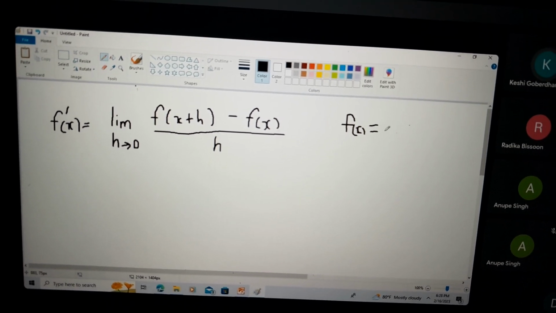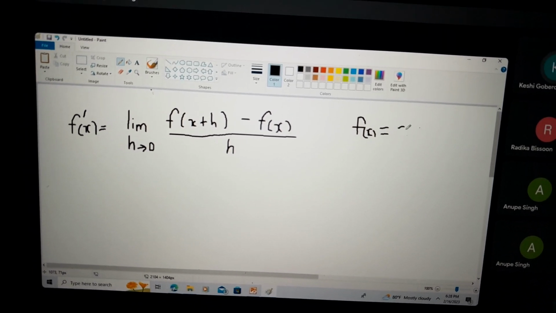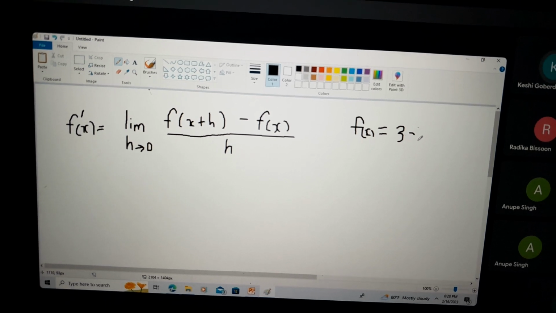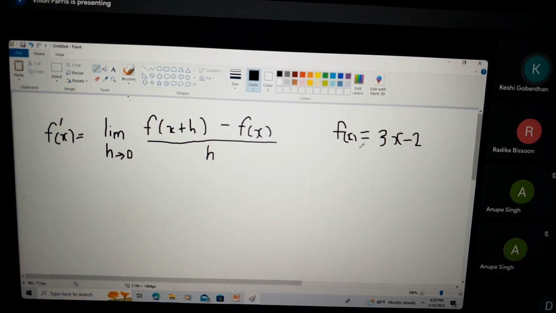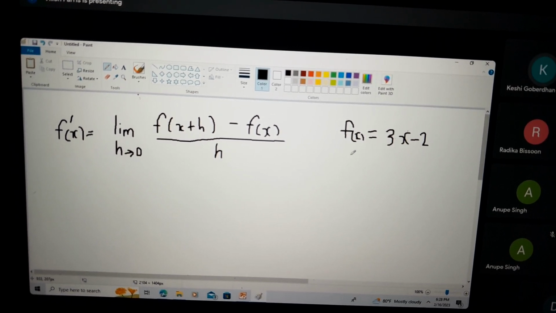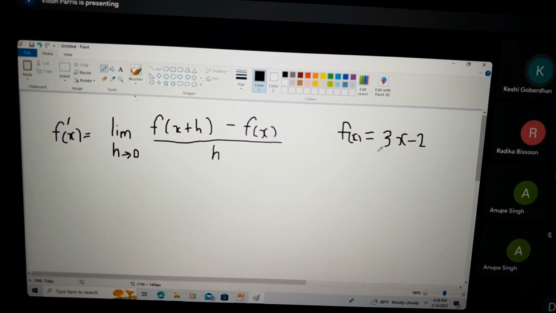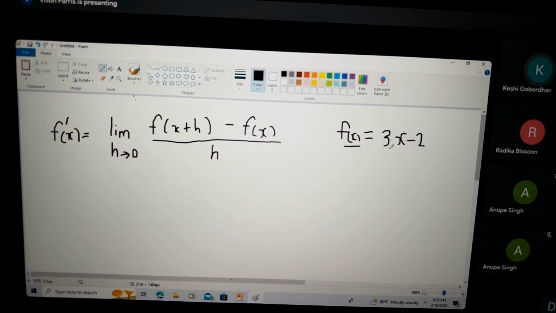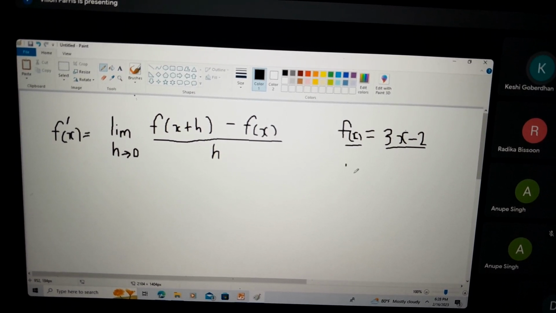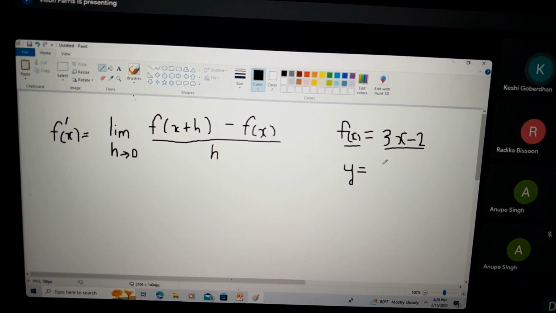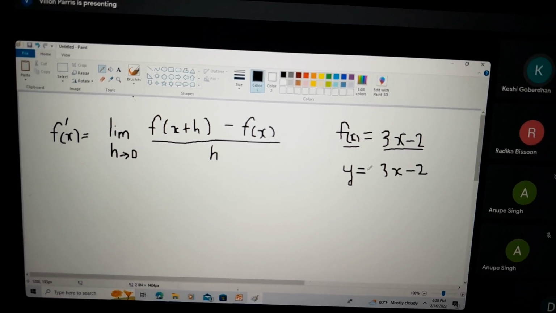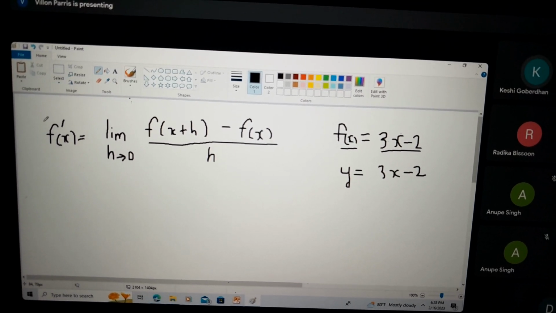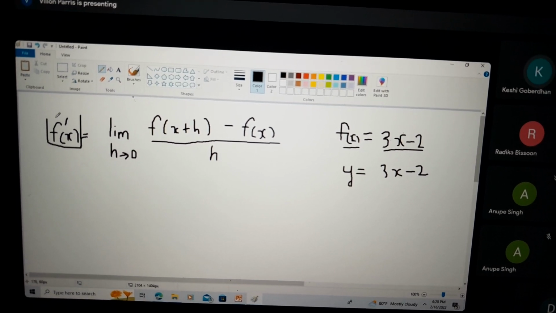So let f of x be 3x minus 2. This is what our function is equal to, and it can also be written just as y. So we can write this as y is equal to 3x minus 2.